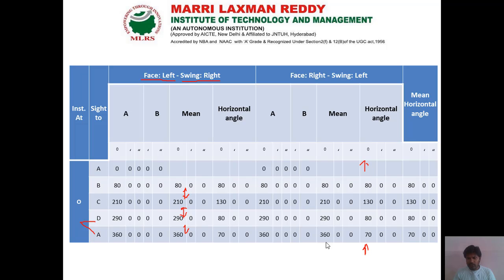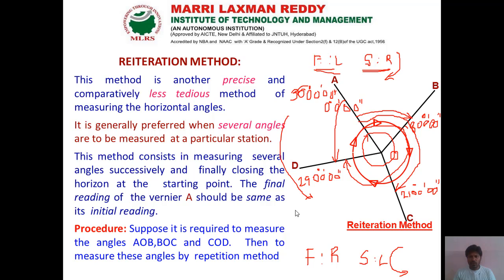The first value is 360 degree, which I write here. Next, while focusing the point D, I get 290 degree, which I write here. Next, while focusing the point C, I get an angle of 210 degree.